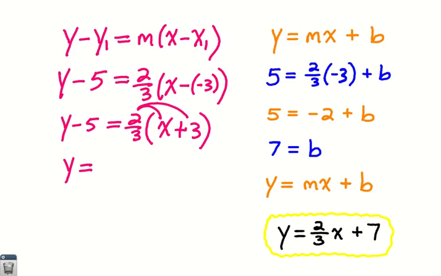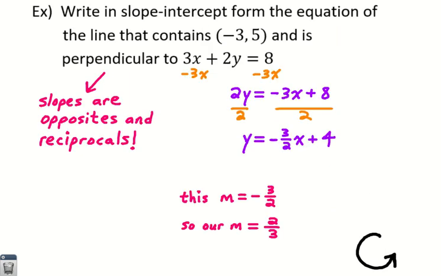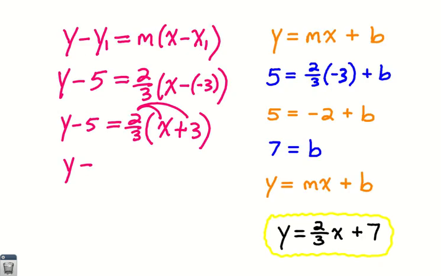So, wait. What? No. What am I doing? Where am I going? -5. So not an equal sign, -5. 2/3 times x is 2/3 x. 2/3 times 3 will be 2.